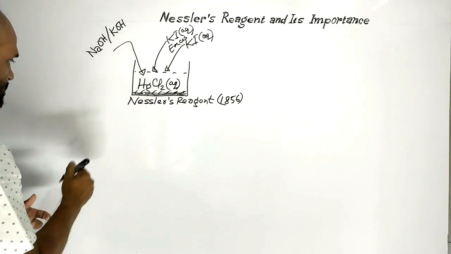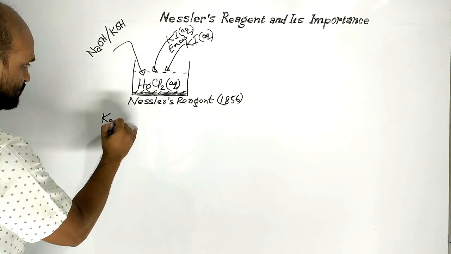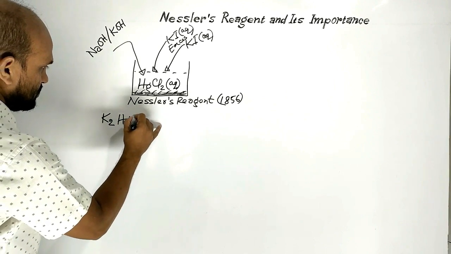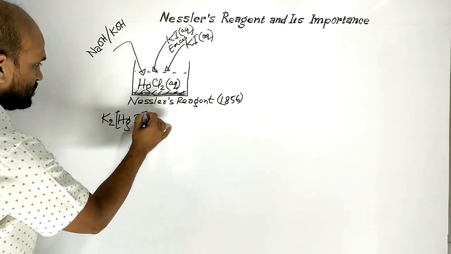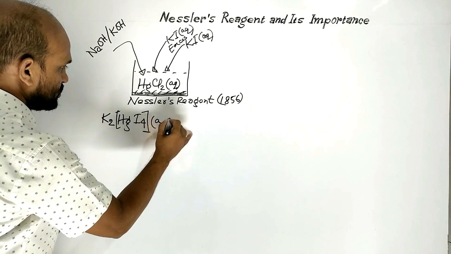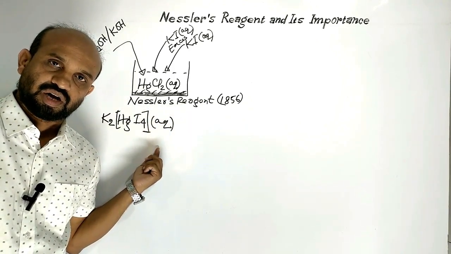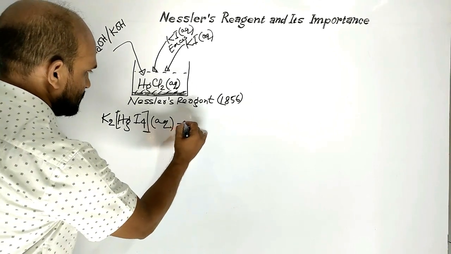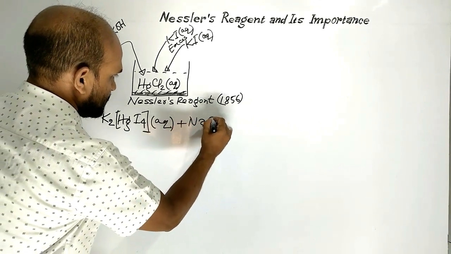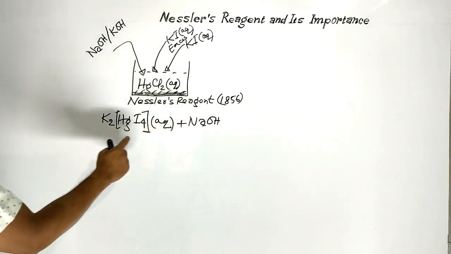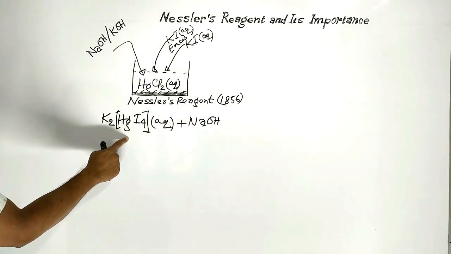Nessler's reagent: potassium tetraiodomercurate 2. A basic solution of potassium tetraiodomercurate 2 is known as Nessler's reagent. What is the importance of this reagent?